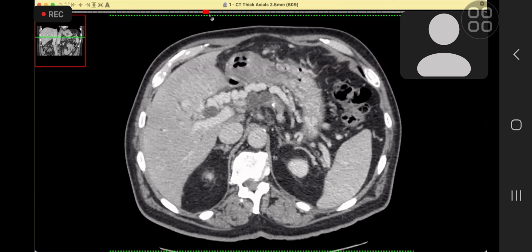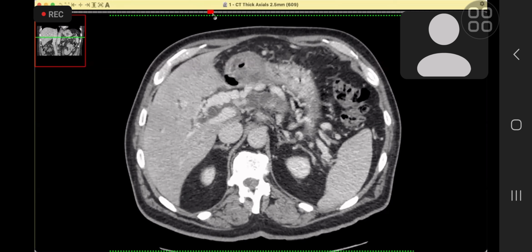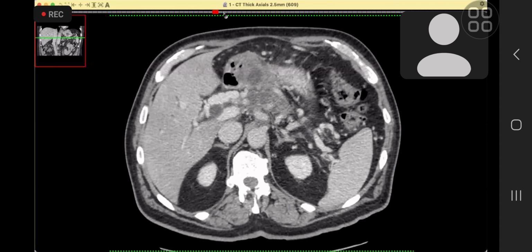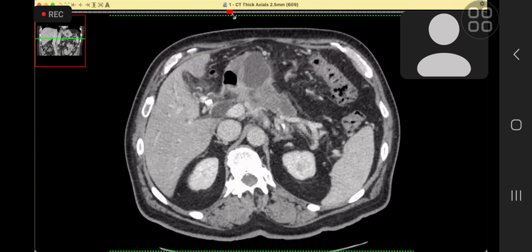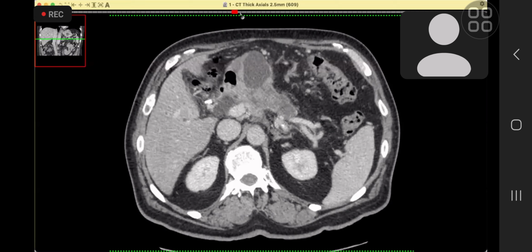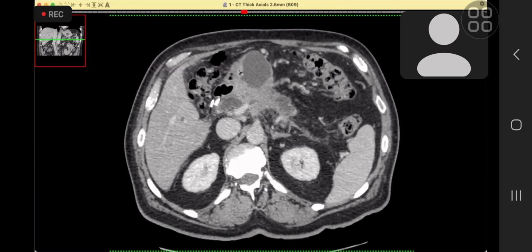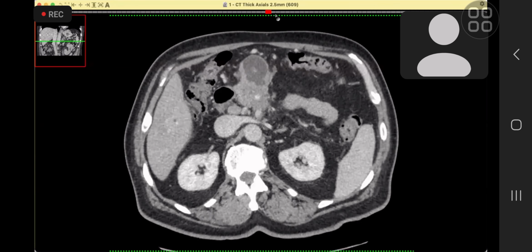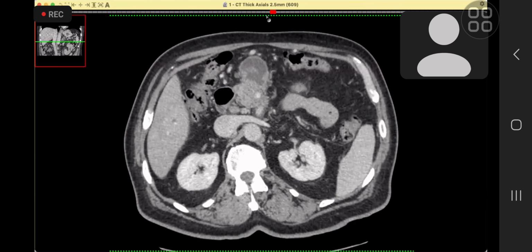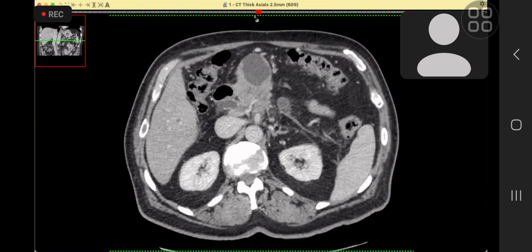I can appreciate that the lesion is locally invasive with associated pancreatic ductal dilatation as well as intrahepatic biliary channel dilatation. The background pancreas itself appears atrophic. The soft tissue itself is likely invading into the adjacent bowel loops with encasement of the vessel.